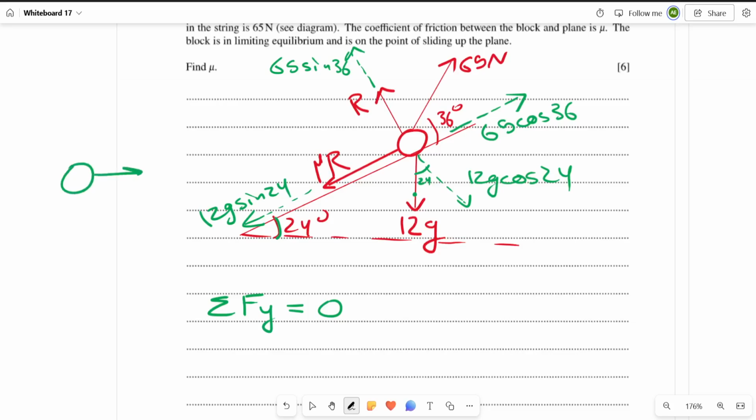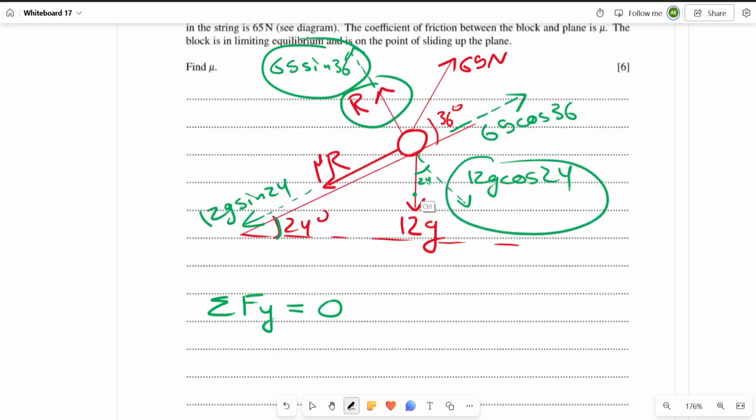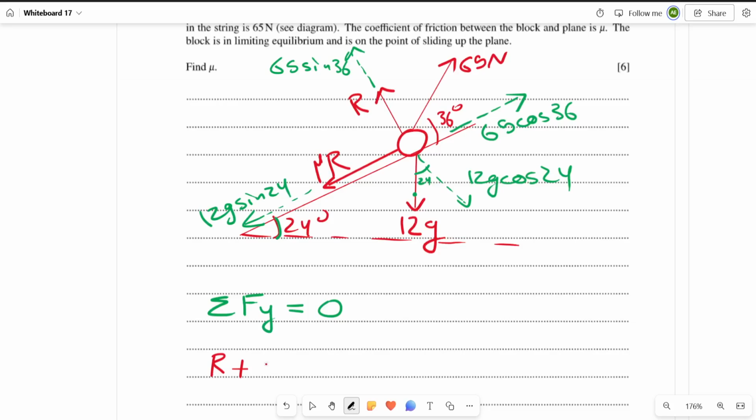Remember the ball when we said it was 10 Newton like this and then 10 Newton there. So the forces balance: the forces in one direction equal the forces in the other direction. So R plus 65, the total forces upwards, is going to equal the force downwards. So this is my equation: R plus 65 sine 36 equals the downward forces, which is 12g cosine 24.